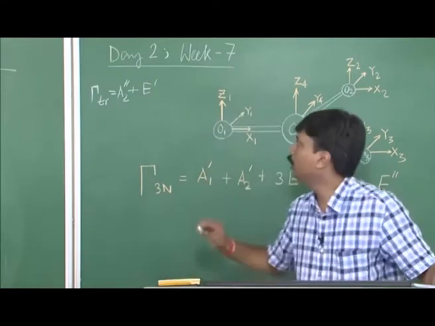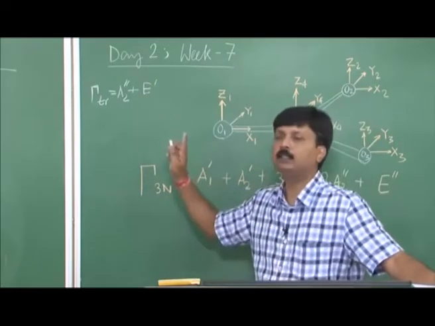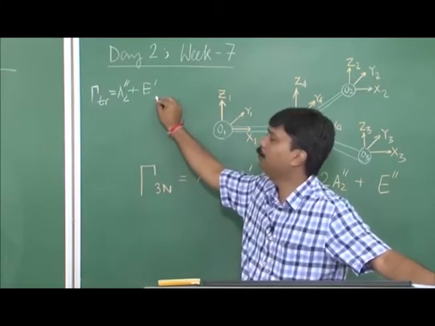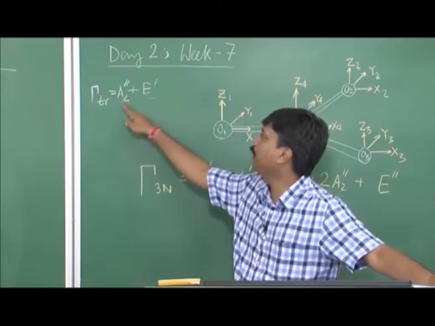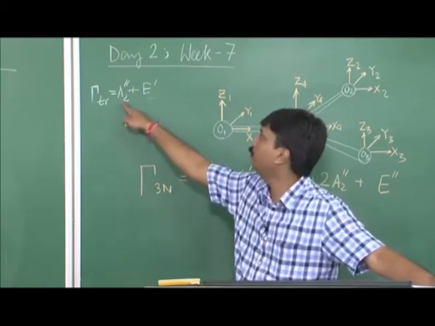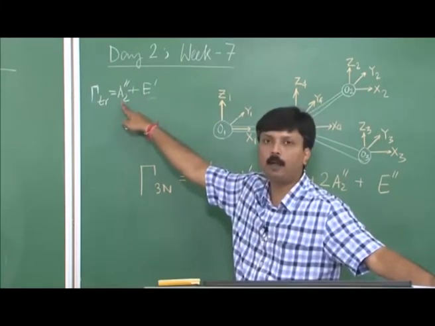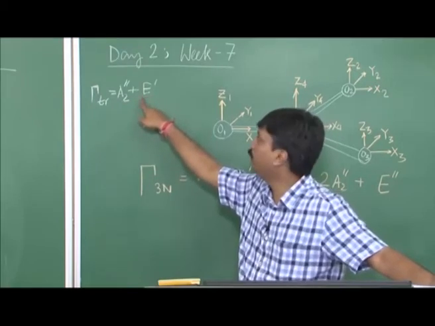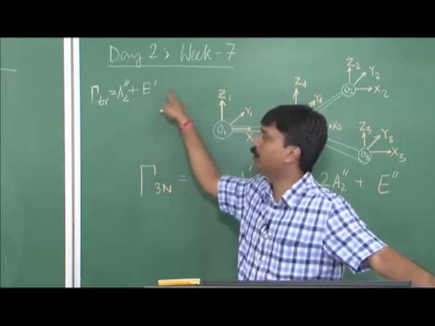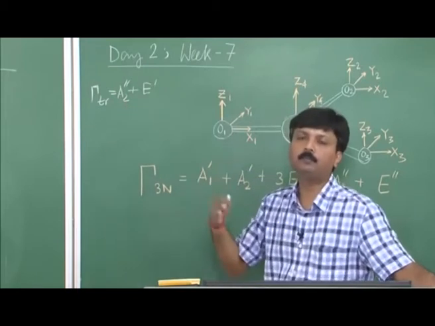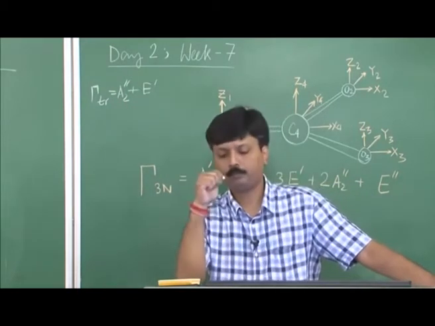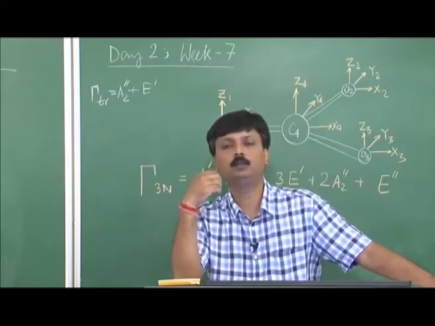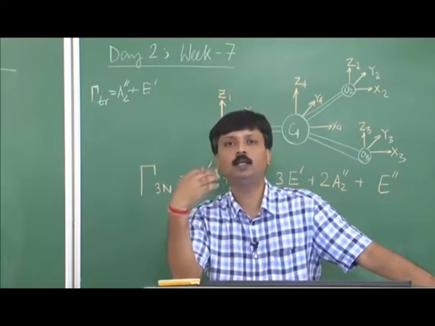And what we saw is that x and y together form the basis for the E prime irreducible representation, while the z function transforms as A2 double prime. So if I take out these two, I know that these two irreducible representations are responsible for the translational motion.